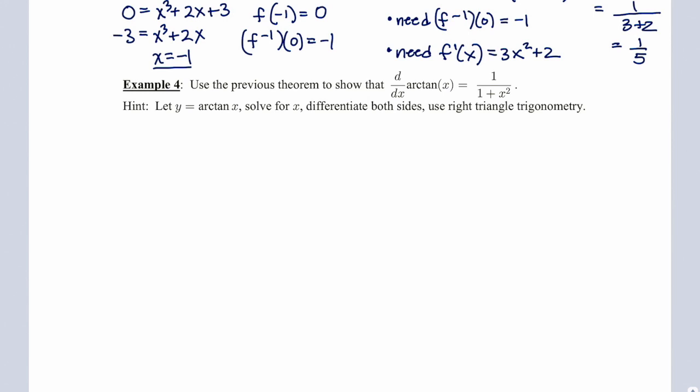So if y equals arctangent of x, our goal is to find dy dx. All right, so if I solve this for x, I have x equals tangent of y.